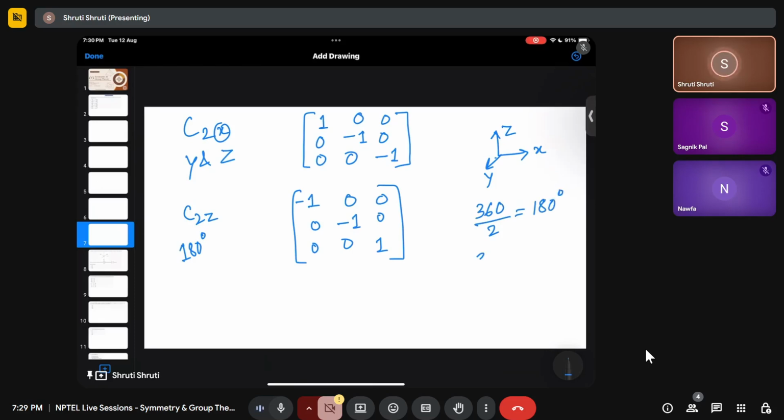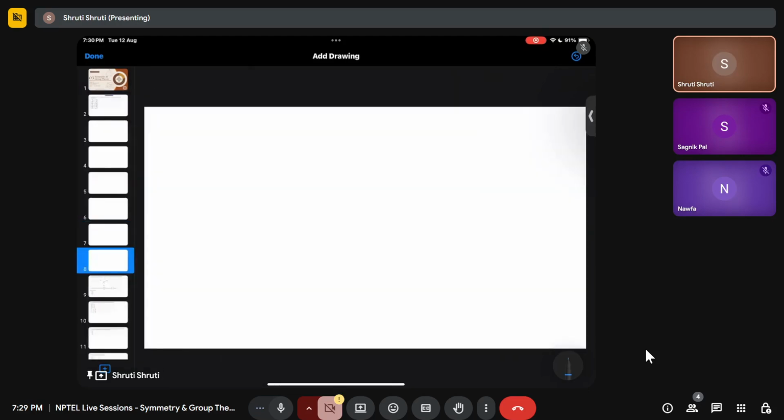But if you want to write it for any theta, then the formula for that is CNZ: cos theta, minus sin theta, 0; sin theta, cos theta, 0; 0, 0, 1.